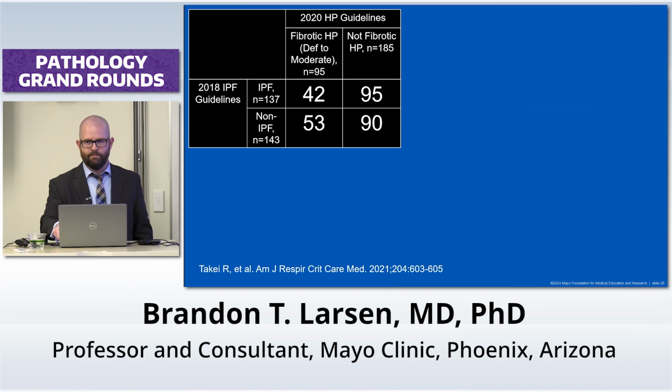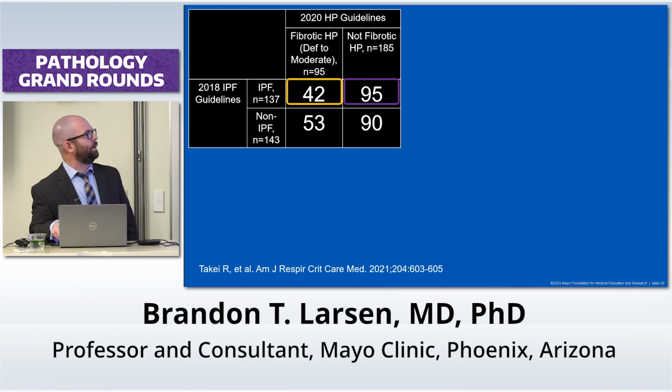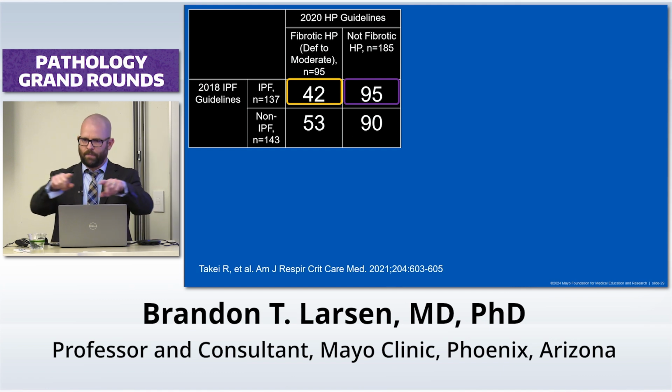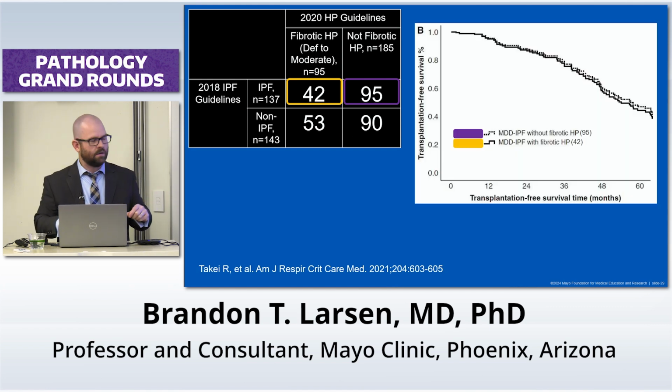Well, does this even matter? I think it's a more important question to ask. If you take these patients and look at the survival, patients who met guidelines for IPF and then subgroup them into those who also met criteria for HP versus those who did not, there was no difference in transplantation-free survival.